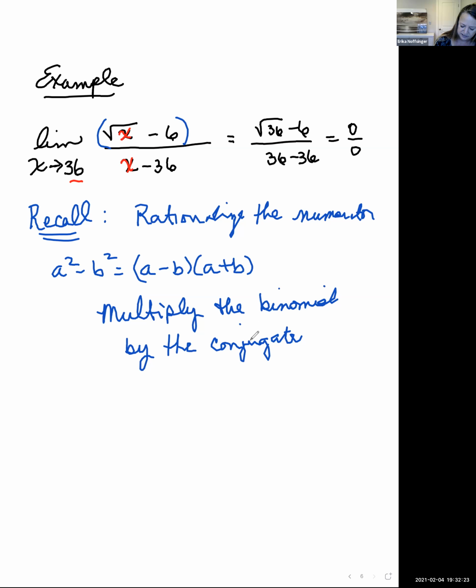So the conjugate is changing the sign in between the two terms.